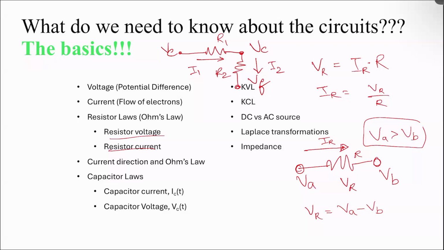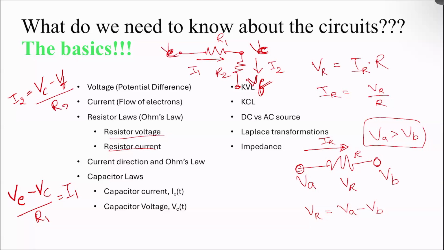If you're assuming your current to be flowing from node VE to VC, you are expected to put that node first in your voltage equation, that is VE minus VC by R1 is equal to I1, right? And for I2, we are assuming that it's flowing from VC to VF. So we have VC minus VF by R2.